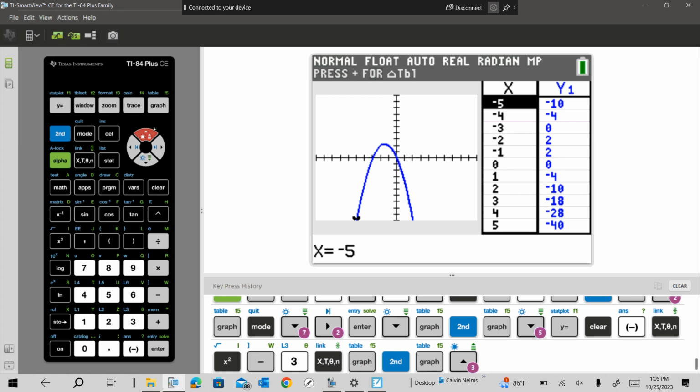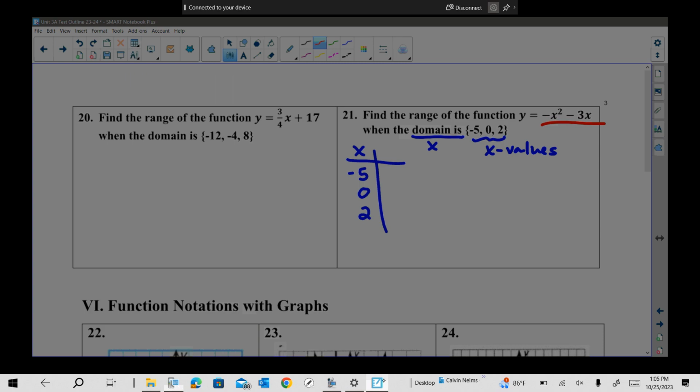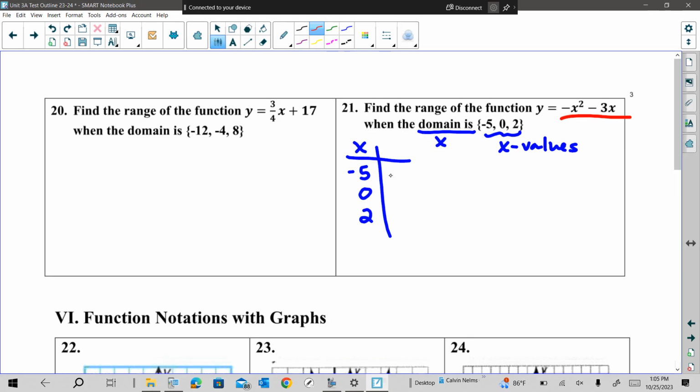Since we have -5, 0 and 2, that means we're going to get -10, 0, and -10. As the set for our range, we use the braces to show that set of numbers.